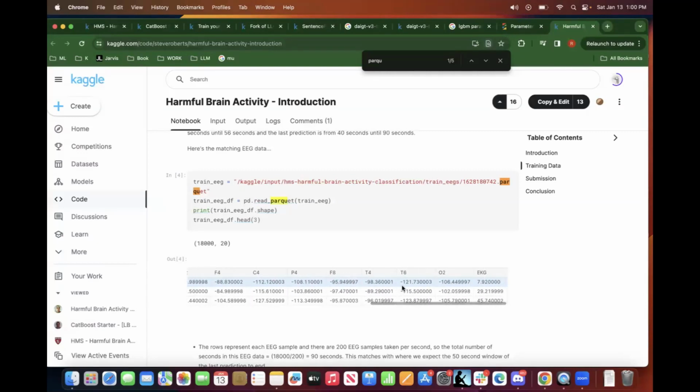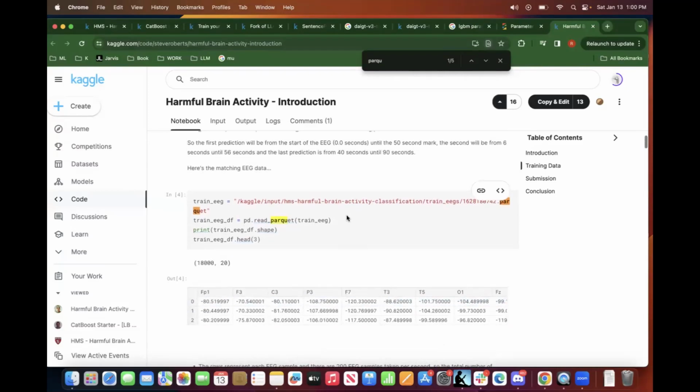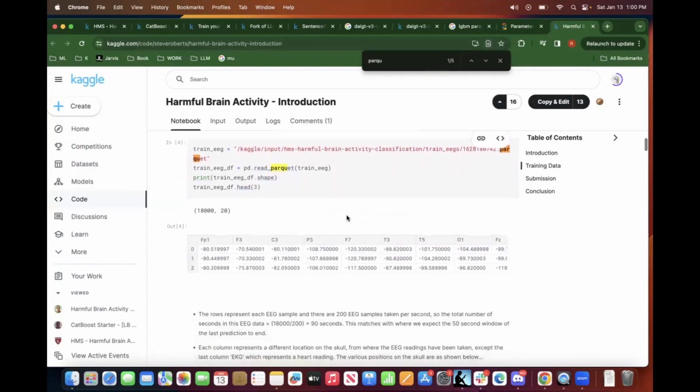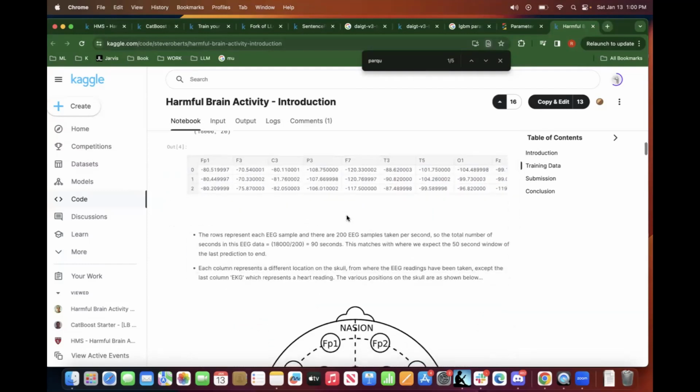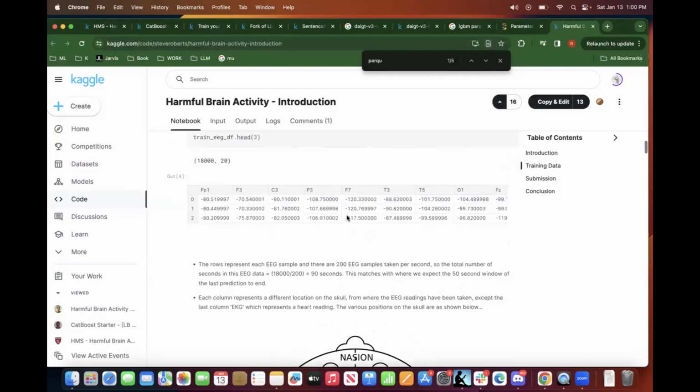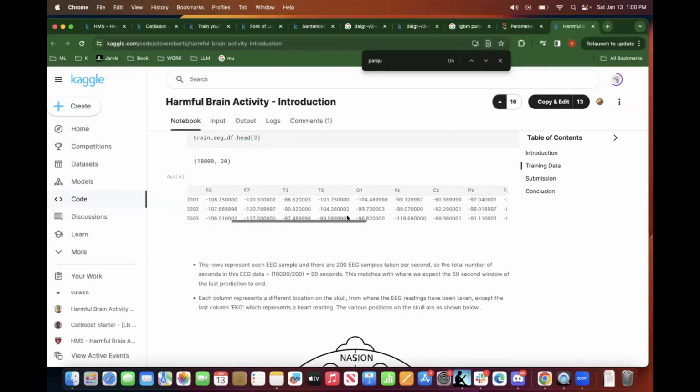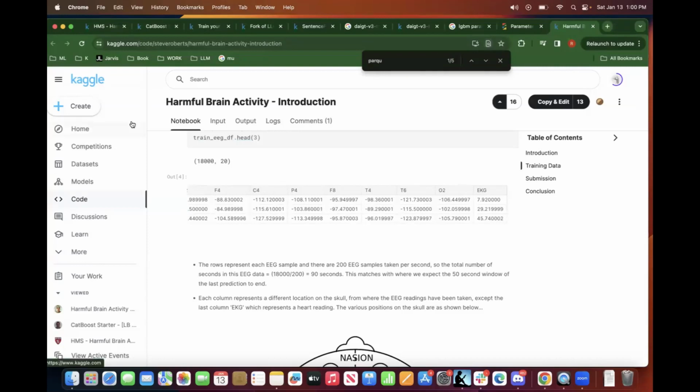So I guess the thing I was missing is that the spectrogram and the EEG are converted to tables of these FP1, FP, whatever location values. So it's not image.